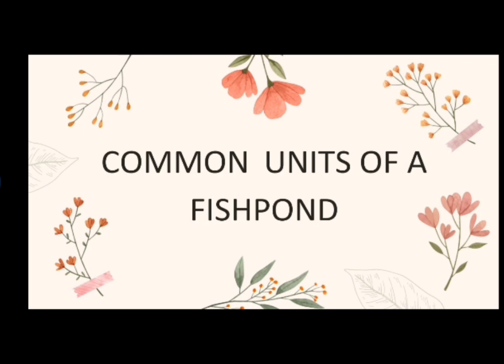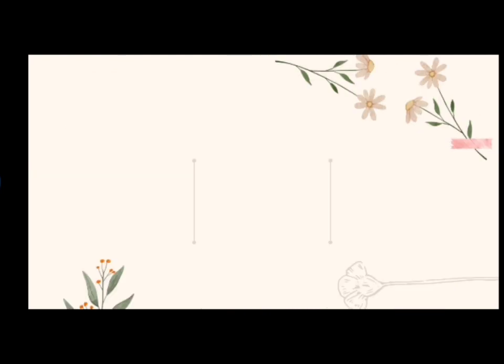So what are the common units of a fish pond? First is the nursery pond. What is a nursery pond? It is for rearing of fish fry to fingerlings size. The nursery pond, or salvage similiahan, should not be located adjacent to perimeter dikes.